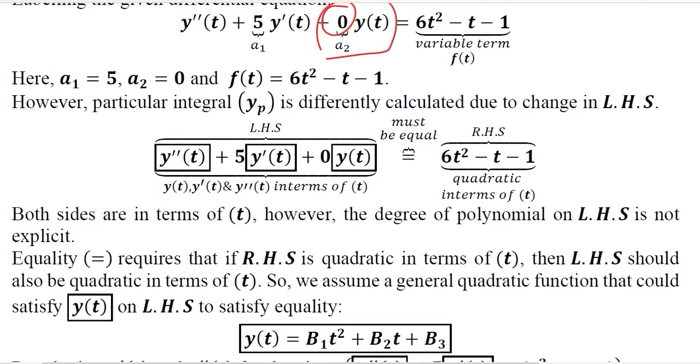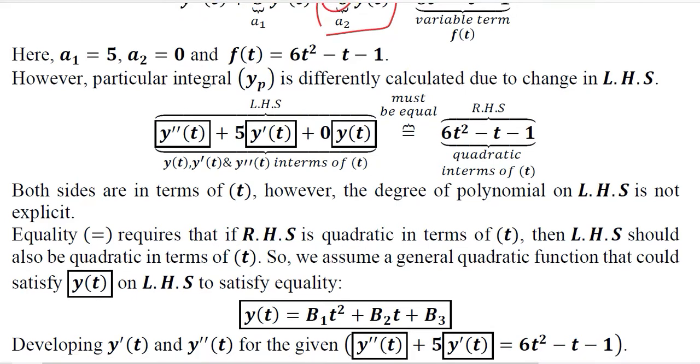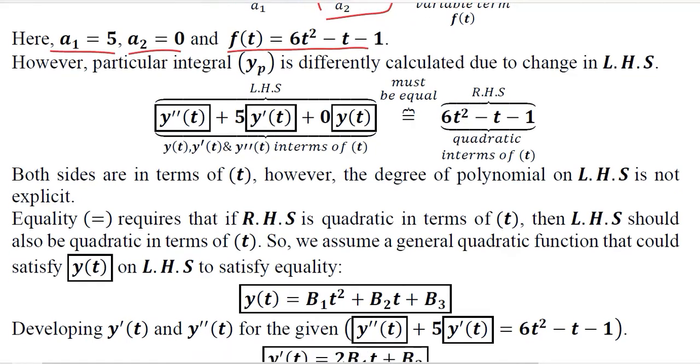Let us see how. These are the steps that we have done before, so we are not going to dwell much on them. You can pause the video and rehearse them in the light of the previous video. We have extracted the values of a1 and a2 and f(t), and once we do this we can rewrite the equation, asserting that the two sides are equal and the coefficients of the variable terms and the constants will be equal.